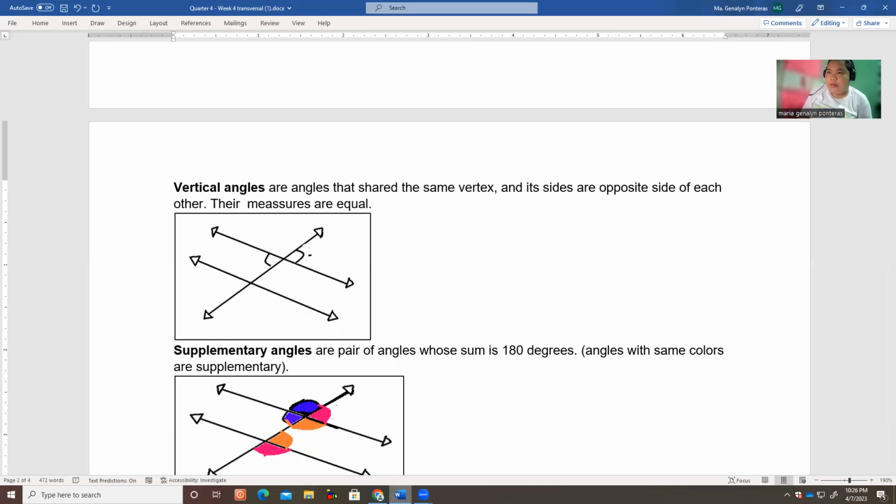Okay, so these are the examples of vertical angles.